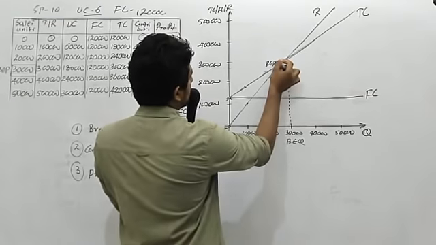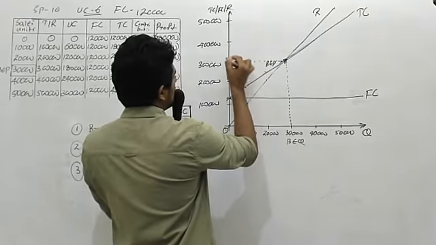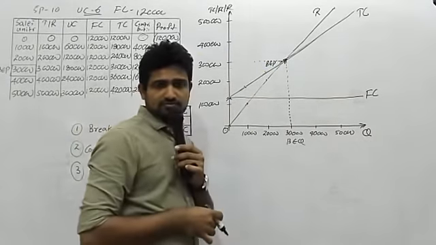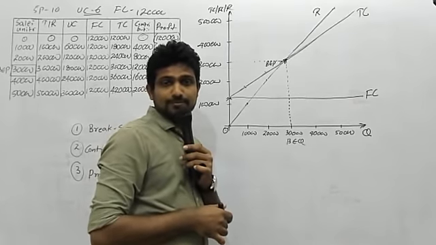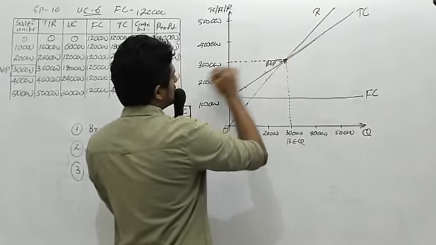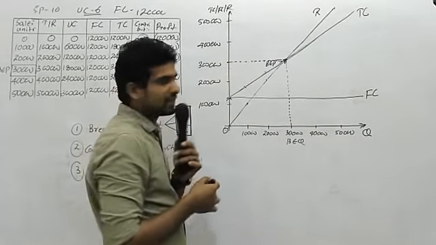And if you go to your left side until the Y axis, the place where this dotted line intersects this axis is the break-even amount.